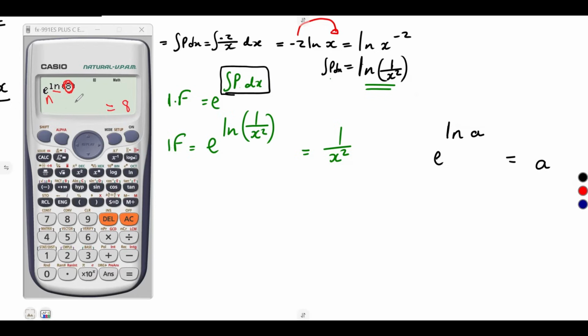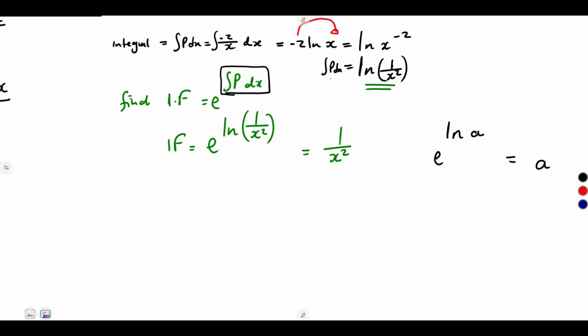Is that true? Let's see. That is going to give us exactly 8. So if this is b, this is going to be b. If this is 10, this is going to be 10. So if it is 1 over x squared, that is the concept I'm referring to. So let us consider that in our simplification.